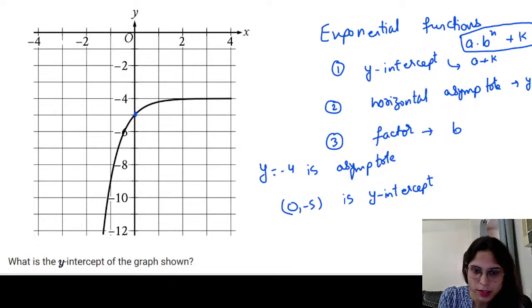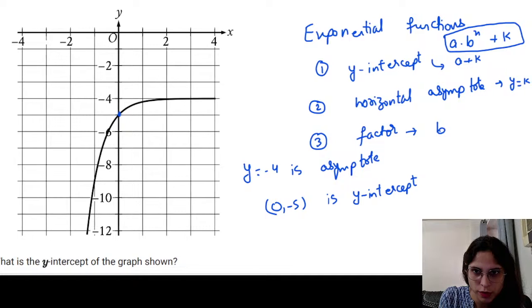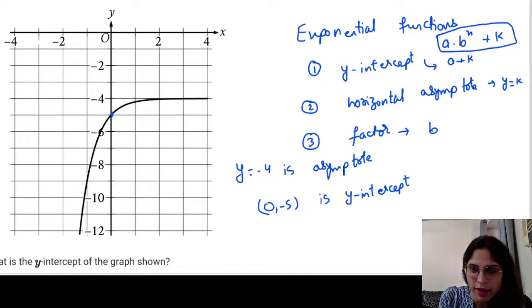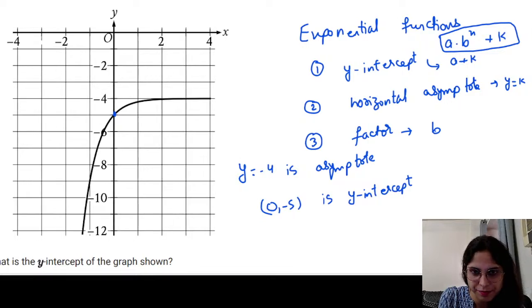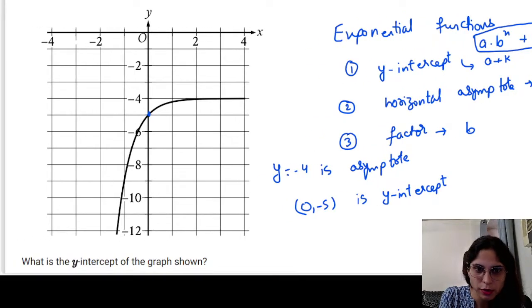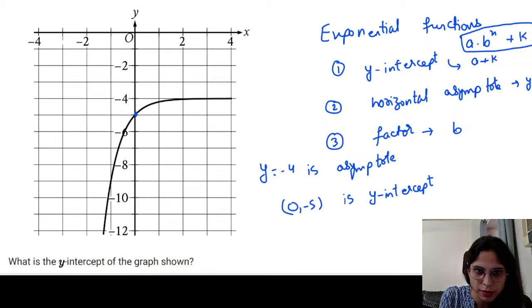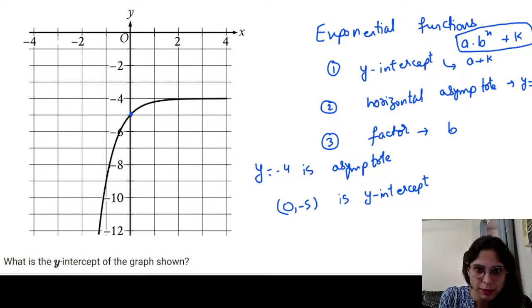So these are a few concepts that we will be using in this question set. Over here, this y equals k is your horizontal asymptote. Now in this question they are looking for the y-intercept.